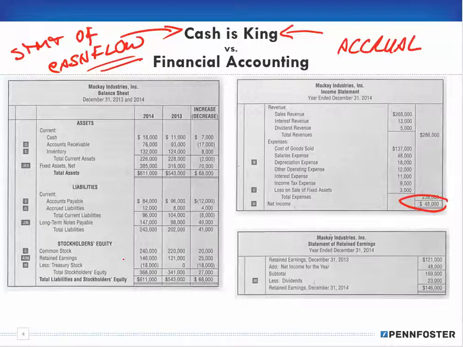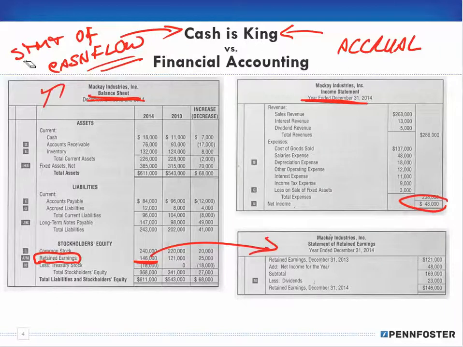If you have your balance sheet, you have retained earnings on your balance sheet, and you know that if you want to see the detail for that number, you look at the statement of retained earnings. Well, this is the same type of thinking. You have these two financial statements, the balance sheet and the income statement, and if you want to know your cash position, you look at your statement of cash flows.